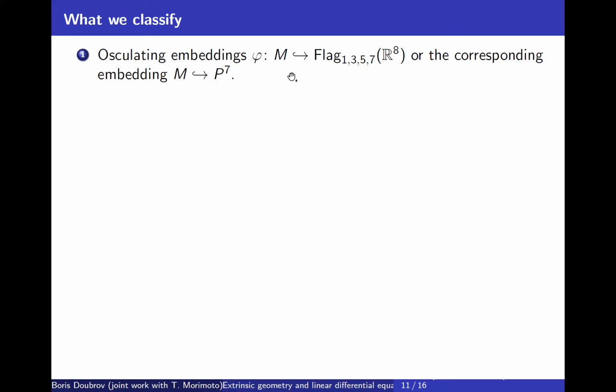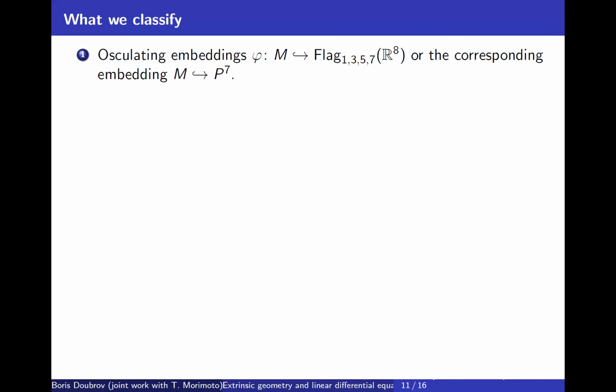So now we wanted to do some classification. We wanted to find explicit examples of such things, and maybe that would help us understand what different phenomena we can expect when we study such things.